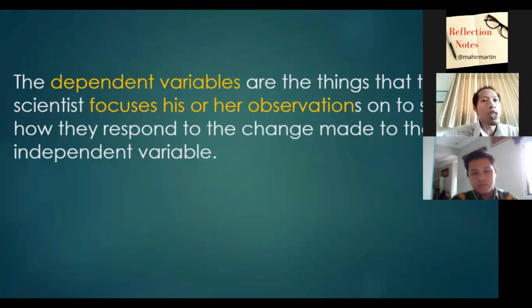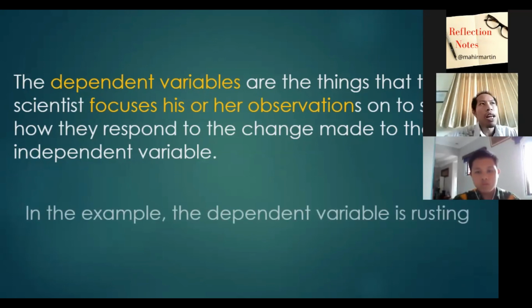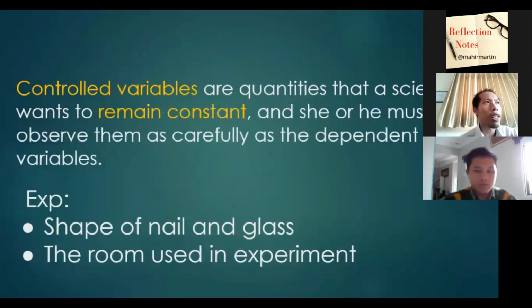You are going to observe the variable that you want to observe, which is the dependent variable. And the last one is control variable, the variable you make constant. So when you make it constant, it does not change. Yeah, so these are controlled variables. Do you have any questions?